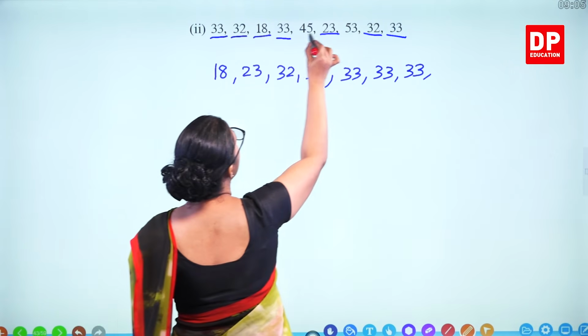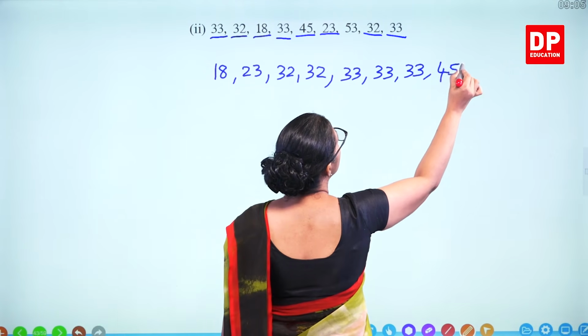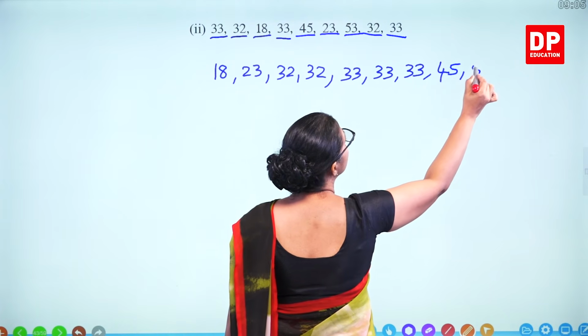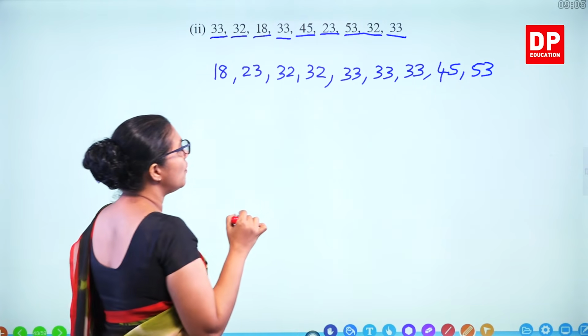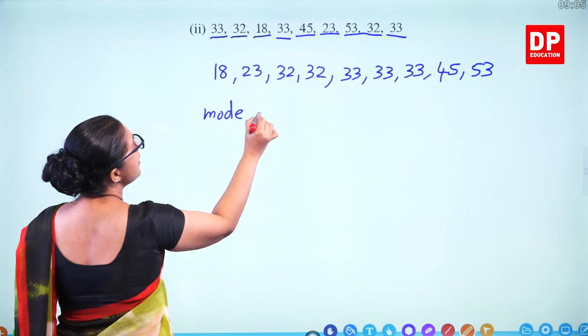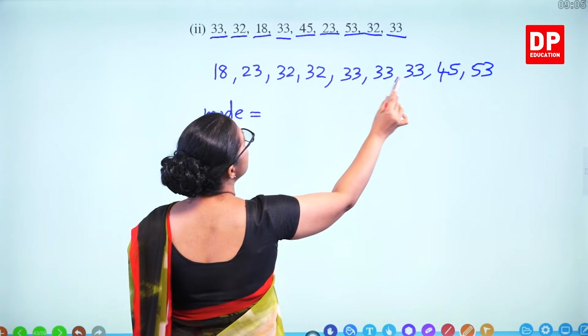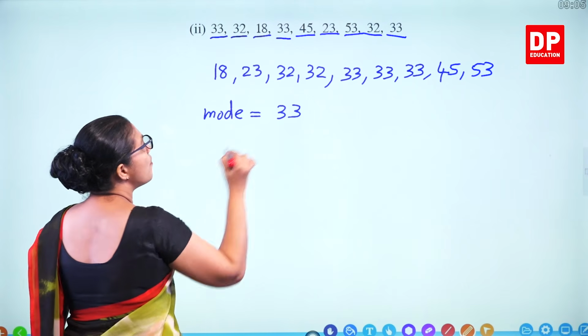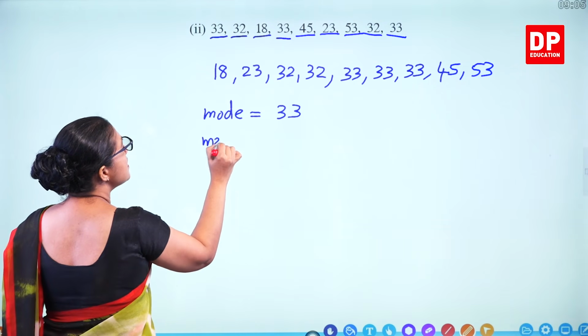And 45 and 53. Now take the mode, most frequent number, 33, 3 times, that's the mode. Median is the middle number.